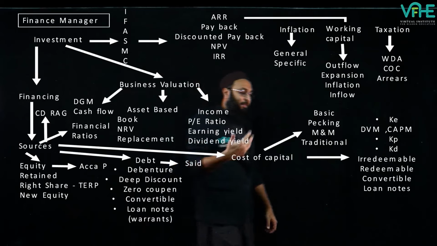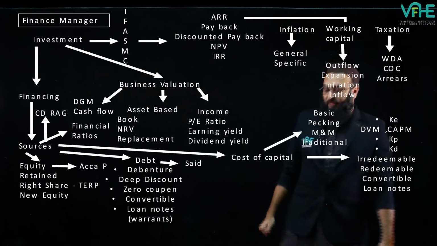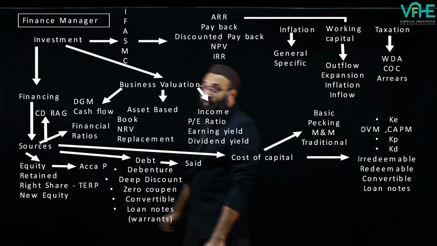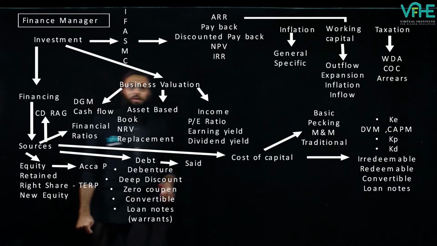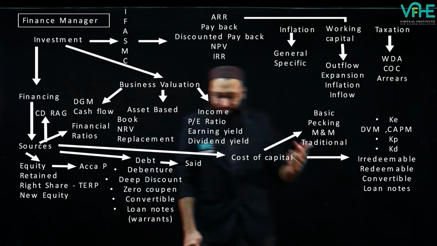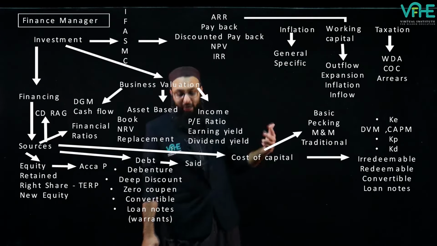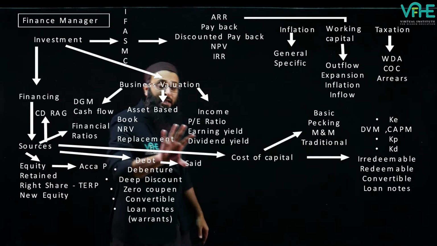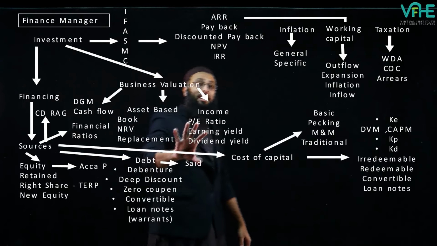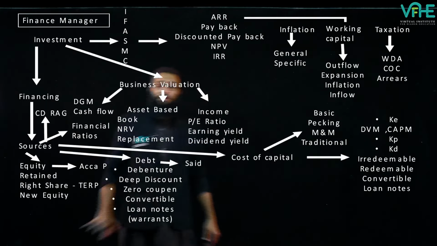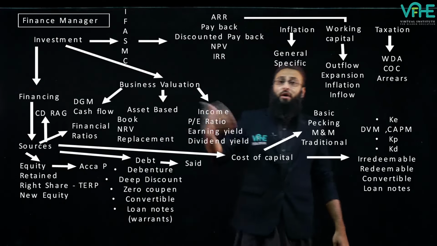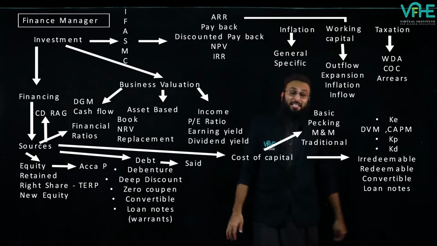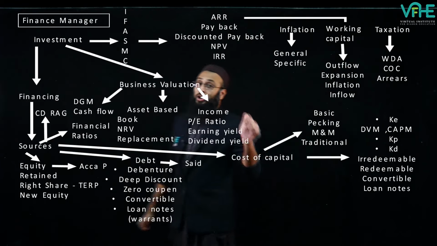Now, the third we have is income-based valuation. So there are three methods here. First is the PE ratio method of valuation, second is the earning yield method of valuation, and third is the dividend yield method of valuation. So remember, right now these three are considered methods of valuation. The PE ratio method is one in which you work out share price using the price earning ratio multiplied with earning per share.